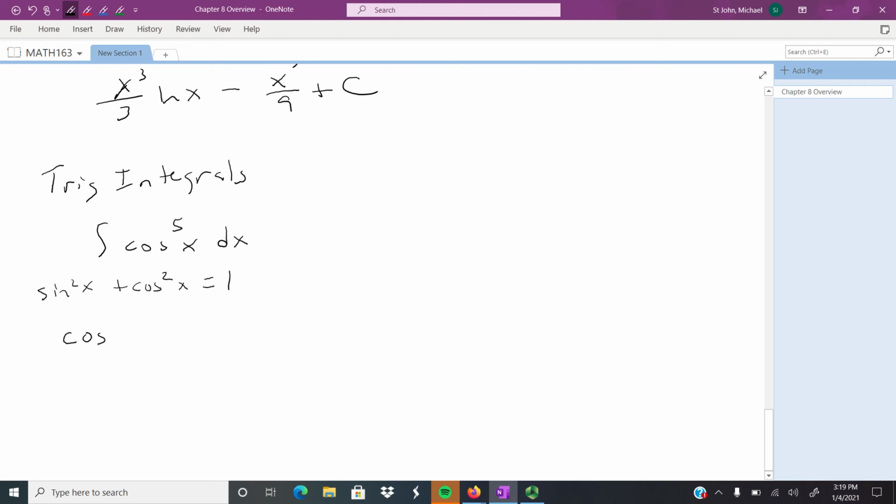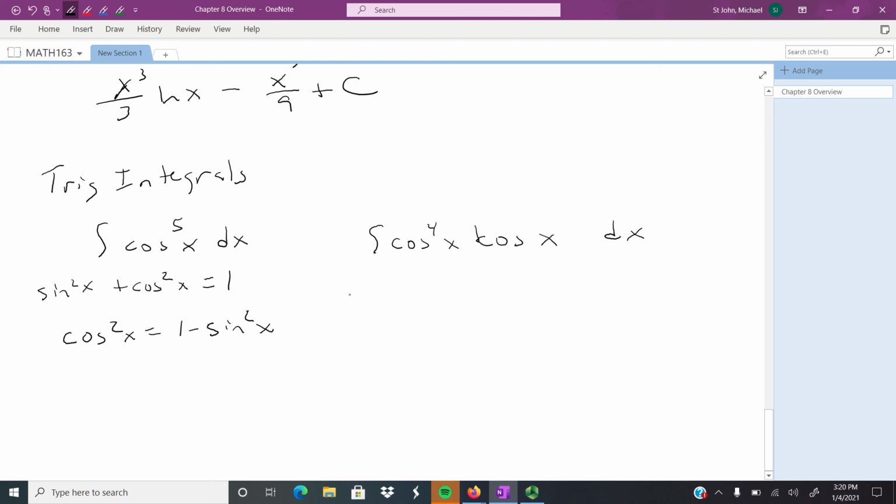So cosine squared is 1 minus sine squared. And so we could first factor this out. So we get cosine to the 4th x times cosine x dx.